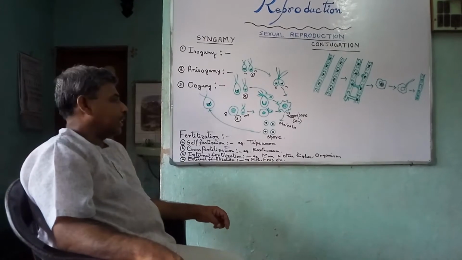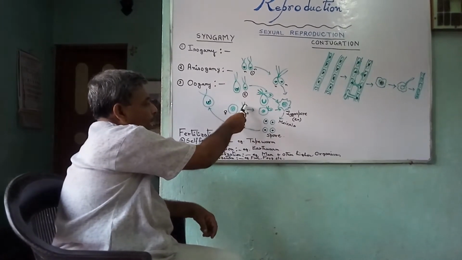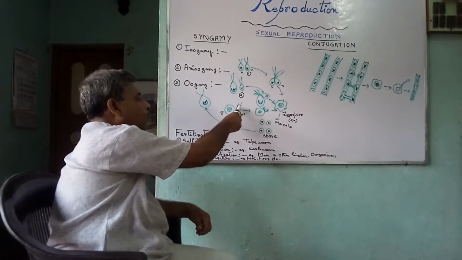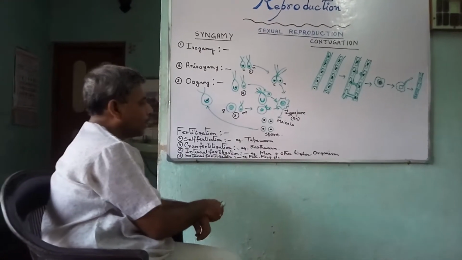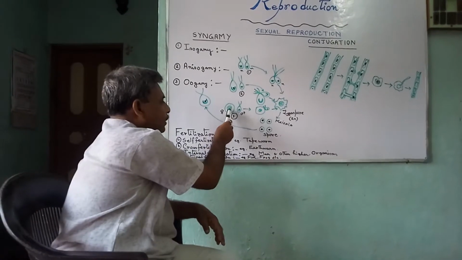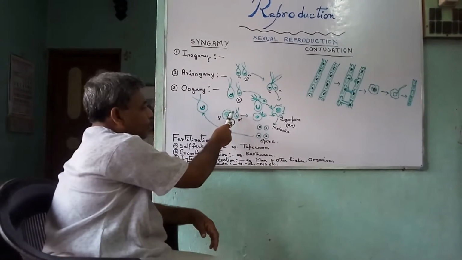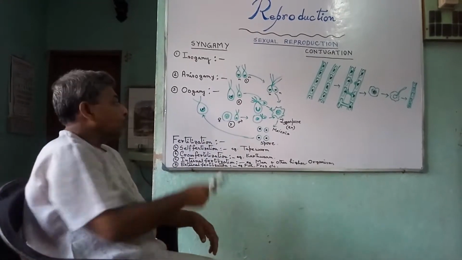That is the sessile gamete, and the male gamete possesses a flagellum and can move towards the larger gamete or the female gamete. That's why it is motile. And as one is very much large and the other very much small, and fusion occurs between these two, that's why it is called oogamy.